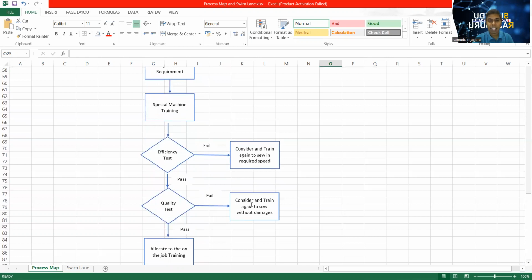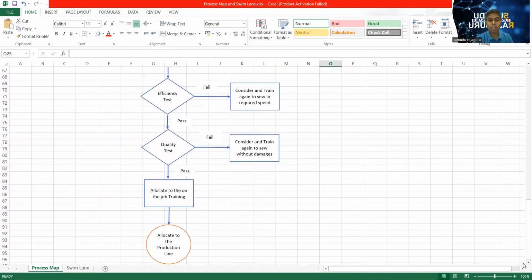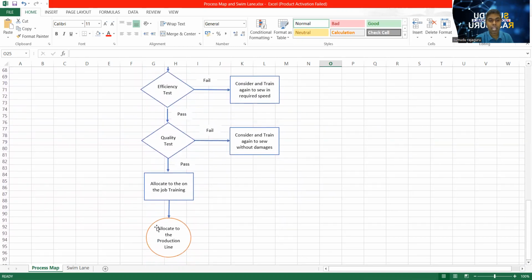If fail, consider and train again to show without damages. If pass, we can allocate to the on-the-job training. So after completion of on-the-job training, we can allocate that candidate, that operator, into the production line. That is the end of this process, because of that, again, we are using the circle.